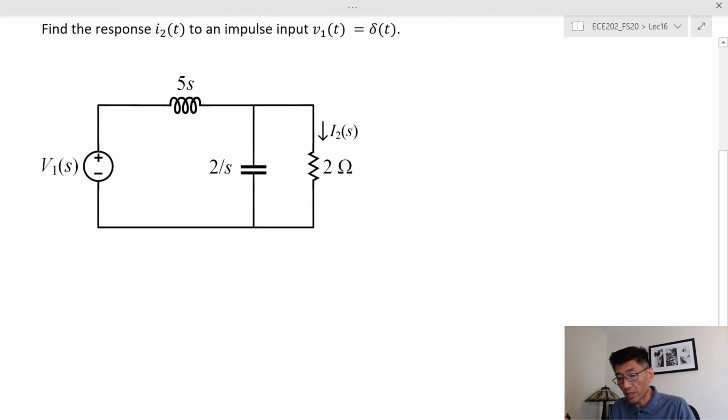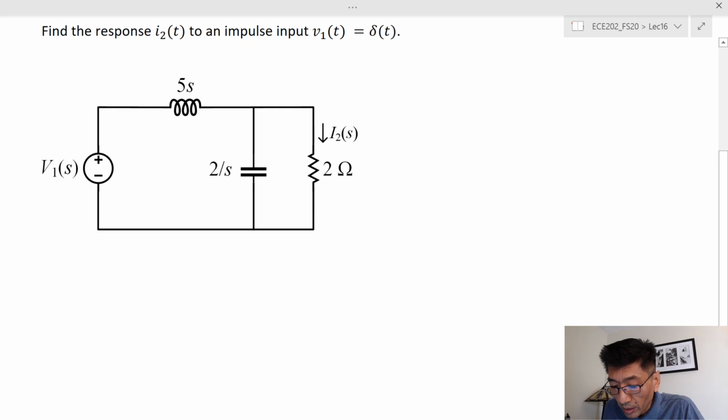So let's look at an example. This is a simple example. I have this circuit, an RLC. In this case, I have the inductor impedance 5s, the capacitor impedance 2/s, and a 2 ohm resistance. I would like to find i_2(t) if v_1(t) is a delta function, or the impulse.